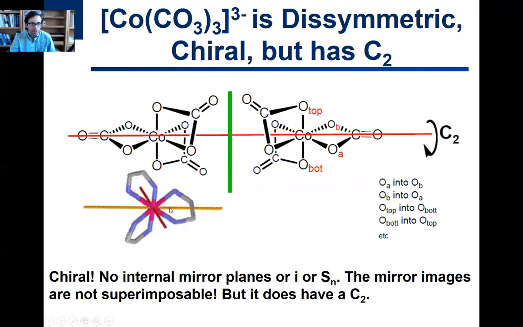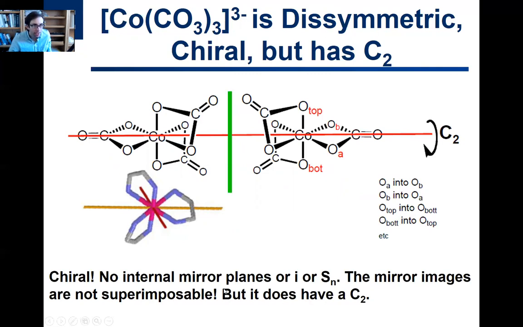And so here's an example, this carbon monoxide complex of cobalt. This is chiral. It does have some symmetry elements beyond identity. It's point group C2. There is a C2 right here, but it is chiral. This is just showing you how the different oxygen atoms transpose.